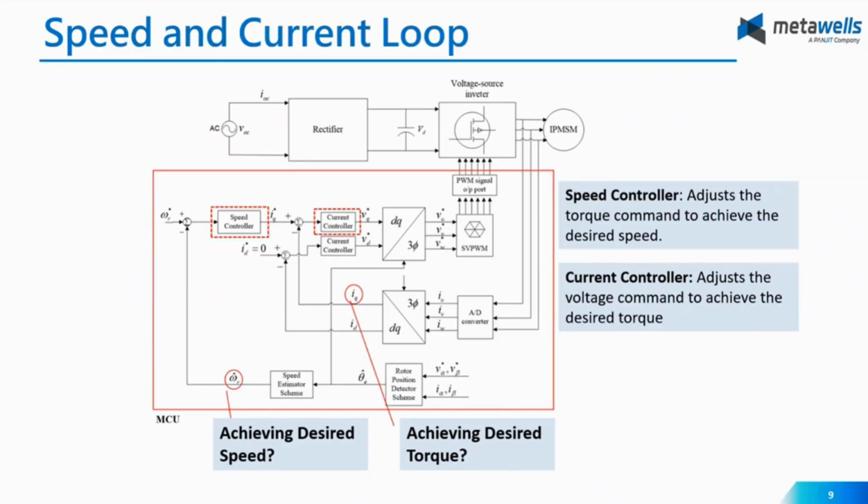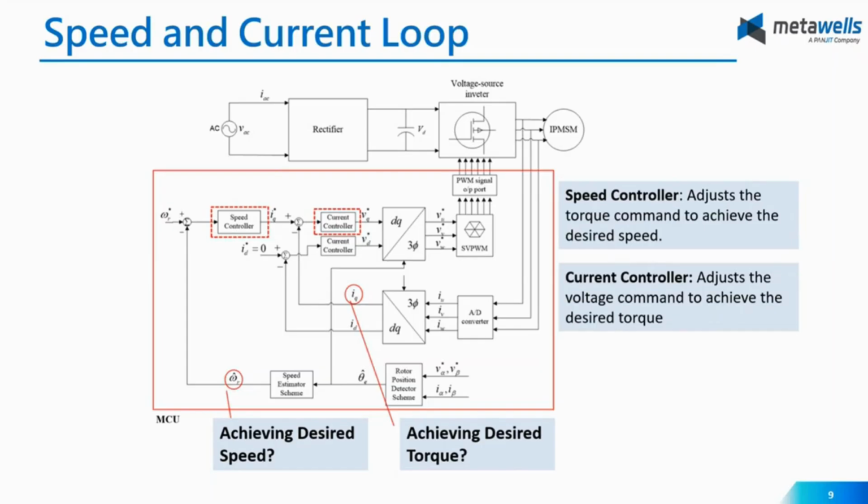Okay, building on our previous discussion of the multi-loop control architecture, let's now take a closer look at the speed and the current loops in action, as shown in this diagram. First, we talk about the speed loop. The speed loop is here, in the red box. Let's focus on it.